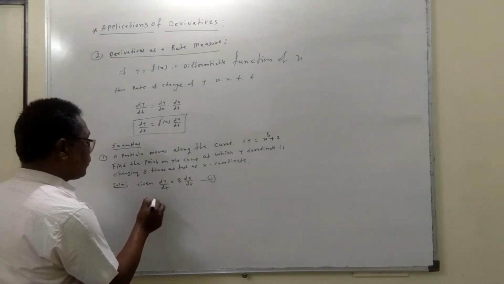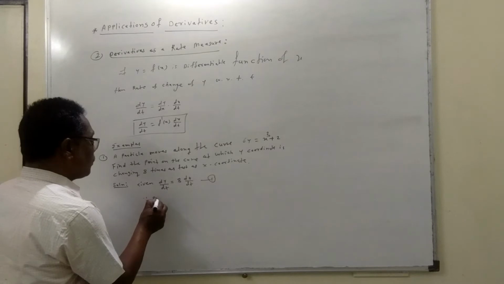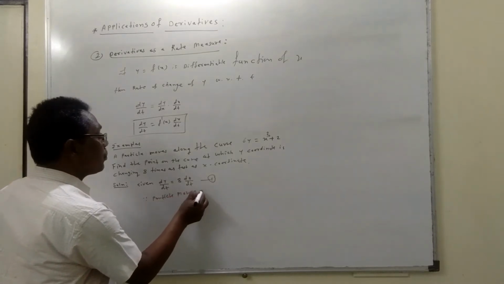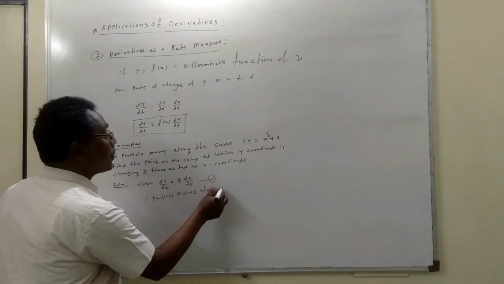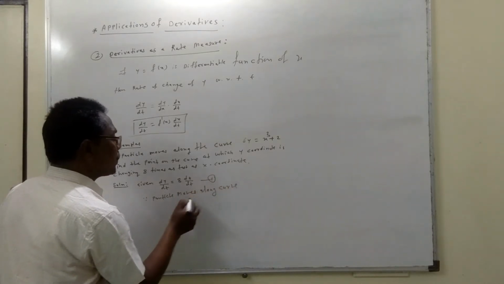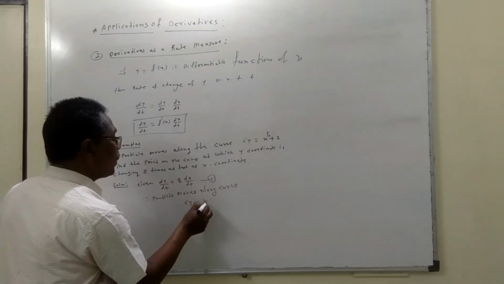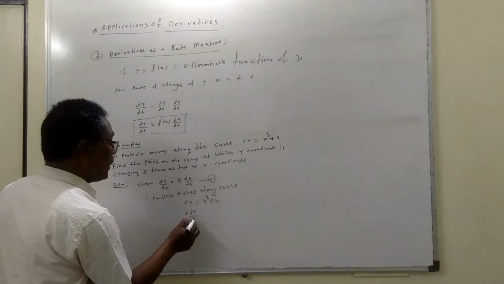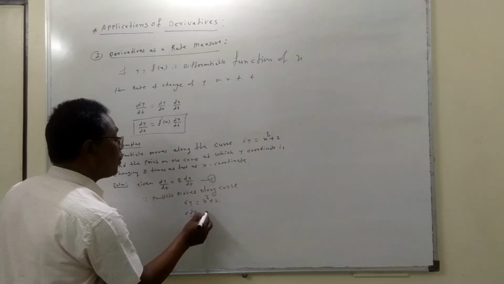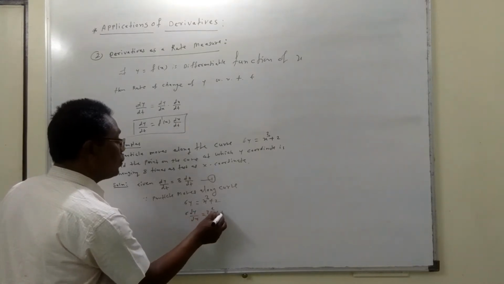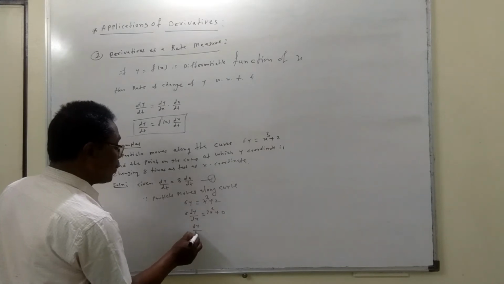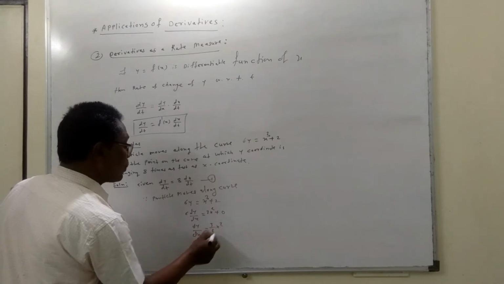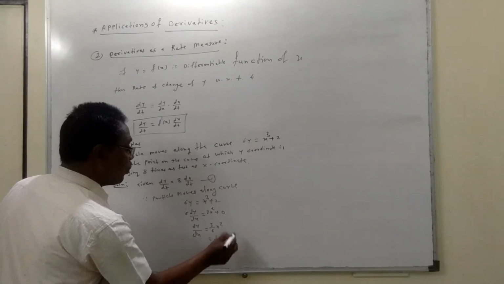Now since the particle moves along the curve 6y is equal to x cube plus 2, so 6 dy by dx is equal to 3x square plus 0. So dy by dx is equal to 3 upon 6 x square, so 1 upon 2 x square.